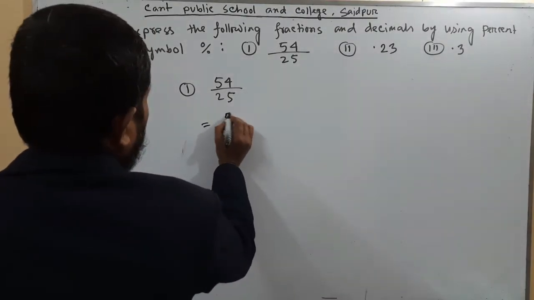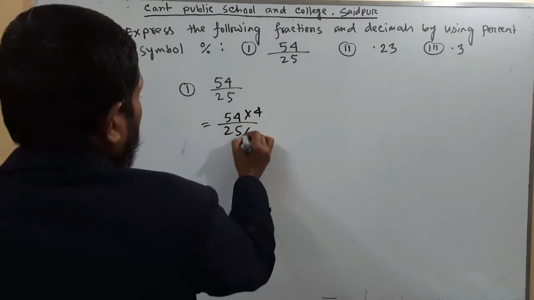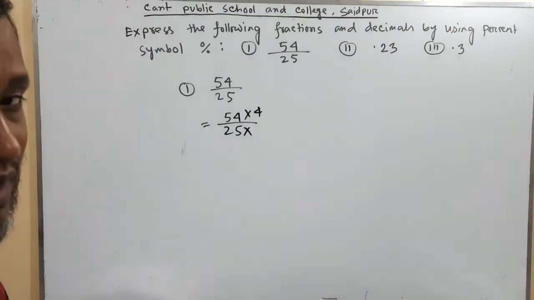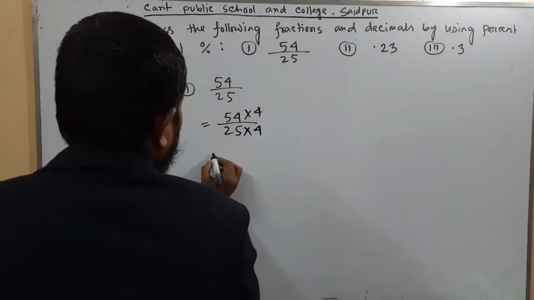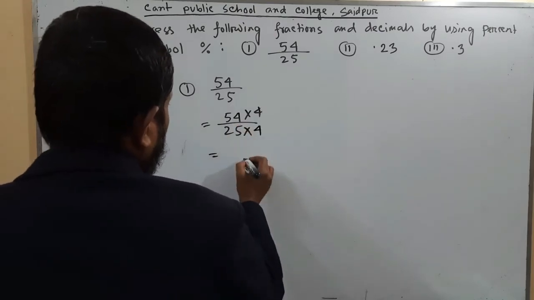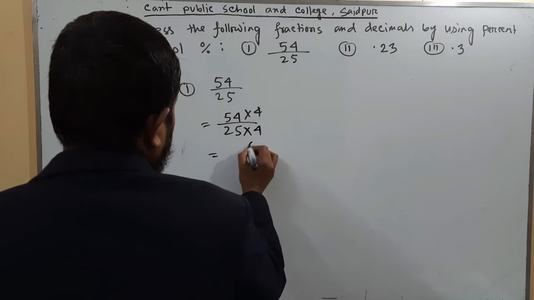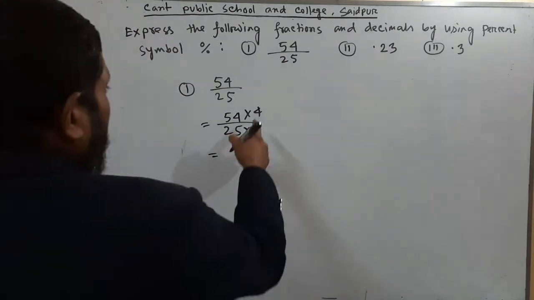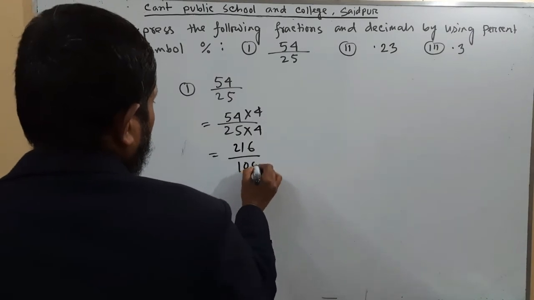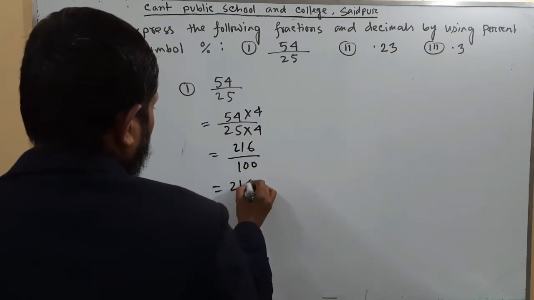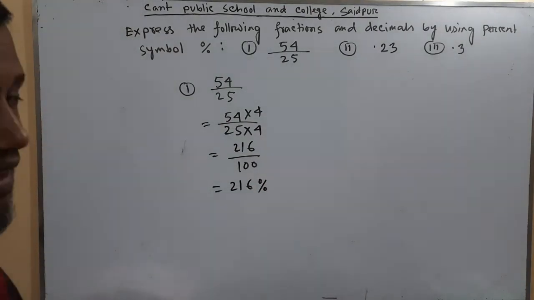Now 4 is multiplied with denominator and numerator also. We get 16 by 100. So dear student, this will be 16%.